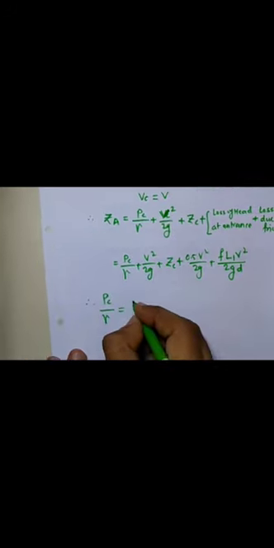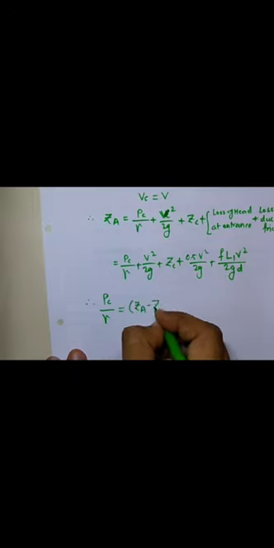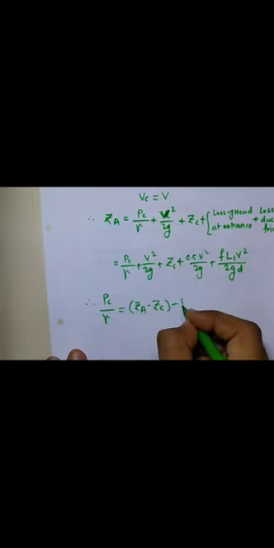So now separating the PC by gamma term, the value we require, PC by gamma is equal to ZA minus ZC minus 1.5 V square upon 2G minus FL1 V square upon 2GD.